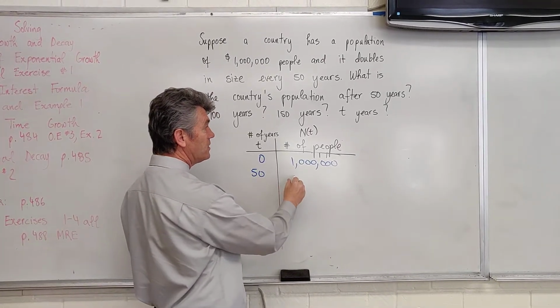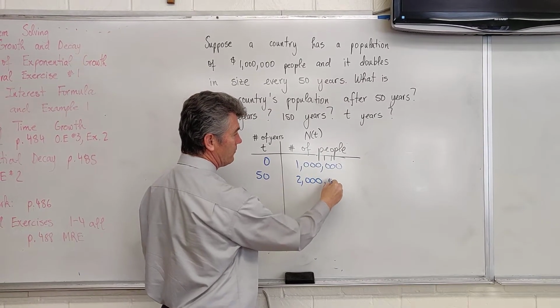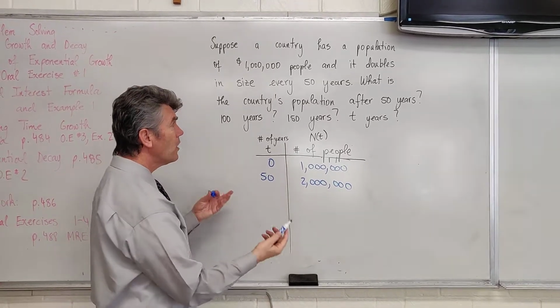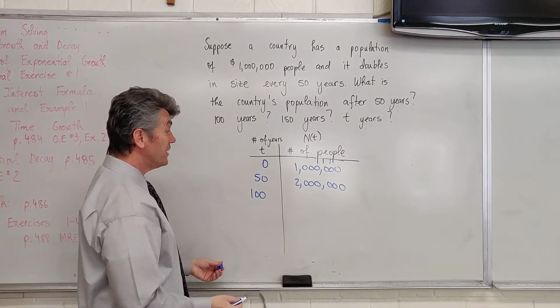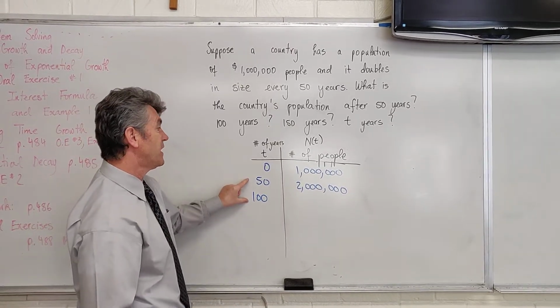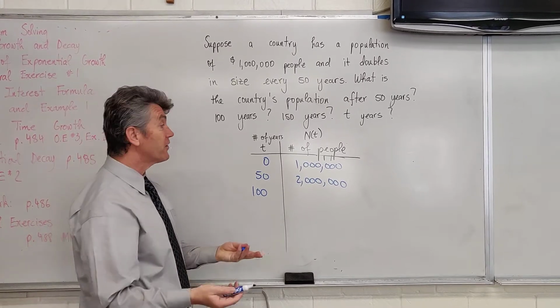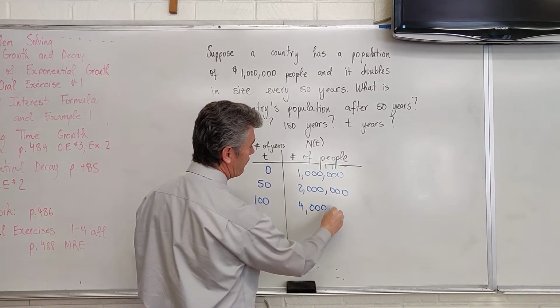So after 50 years, the size of the population is just 2 million. Okay. What about after 100 years? Well, every 50 years it doubles in size. From 50 to 100, there's another 50 years. So now we have 4 million.